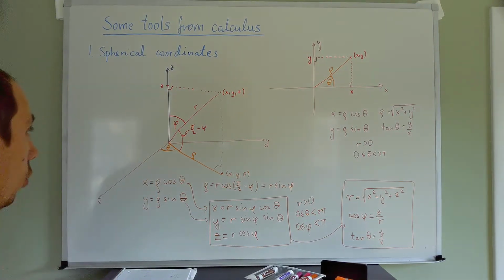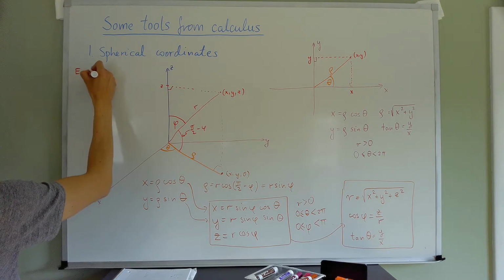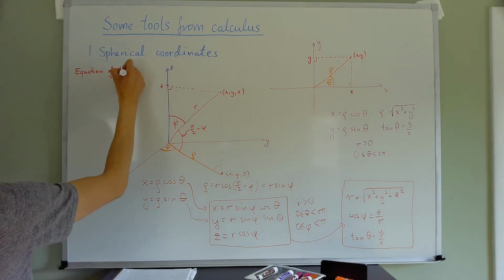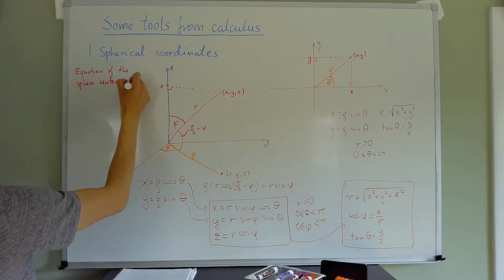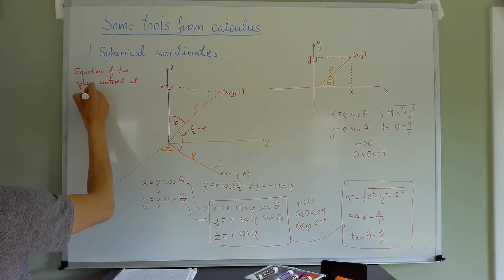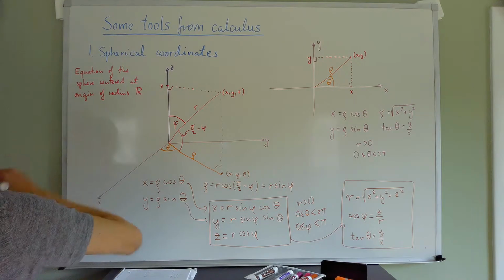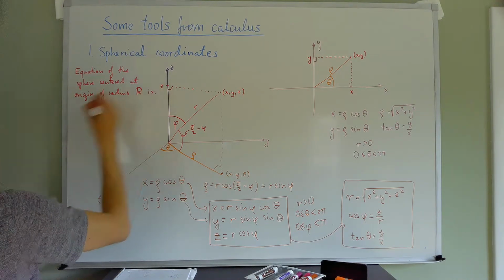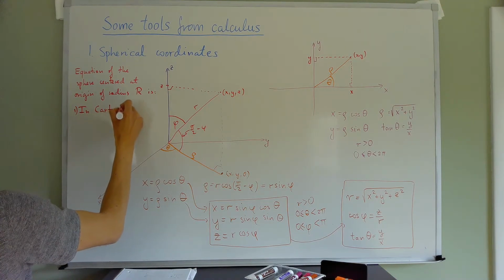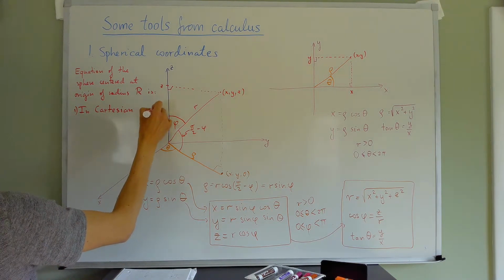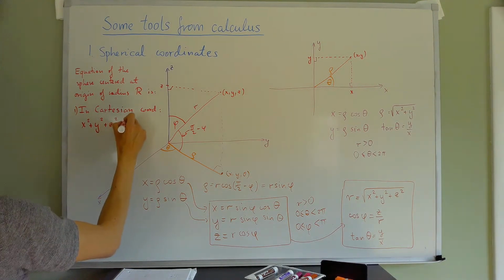And the equation of a sphere centered at the origin of radius R in Cartesian coordinates is going to be x squared plus y squared plus z squared equals R squared.